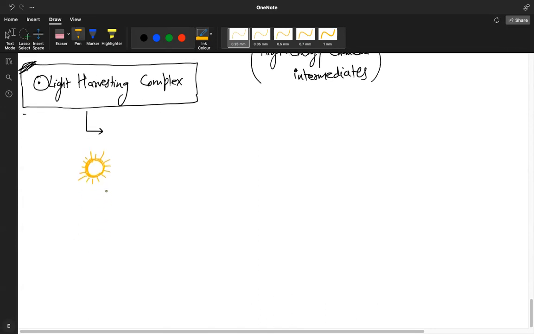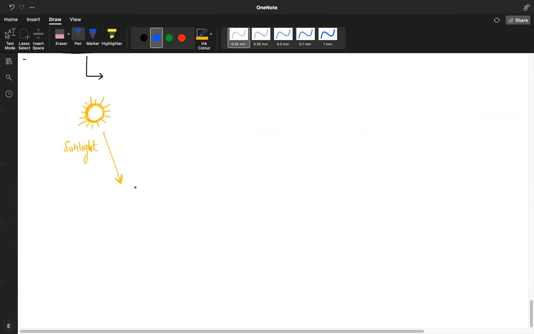And what is coming from the sun? Sunlight. Can you all see this font? Can you all see this color? Yes, sir. So it first falls on these cells, which are called light harvesting complex cells.